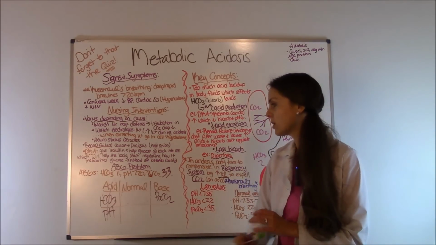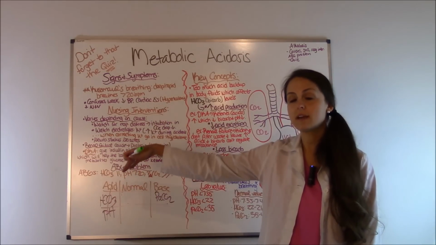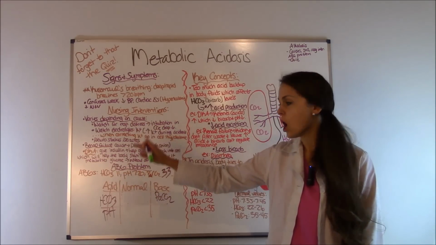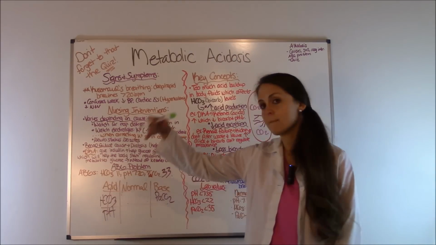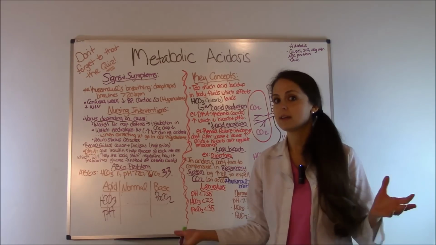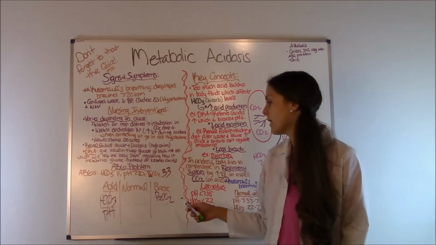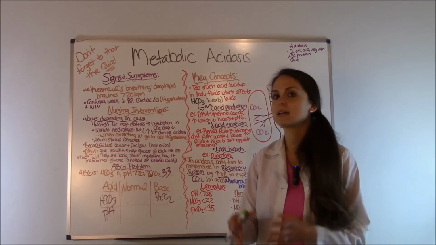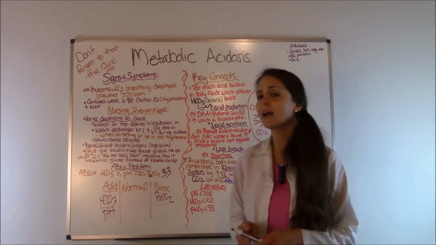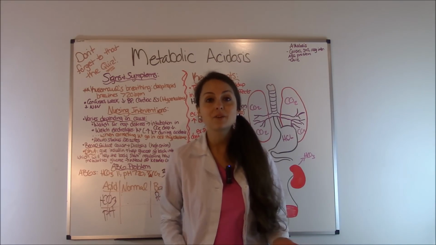The reason it's partially compensated is because our pH is still abnormal. If the respiratory system had corrected it, our pH would have gone back up into the 7.3 to 7.4 range. So the body has helped correct itself, which would hopefully bring the bicarb back up as well. So this is not fully compensated because the pH is still abnormal. Okay, so that's a little bit about metabolic acidosis.